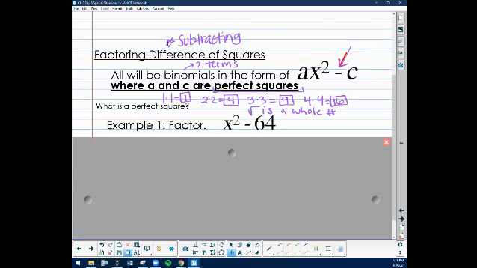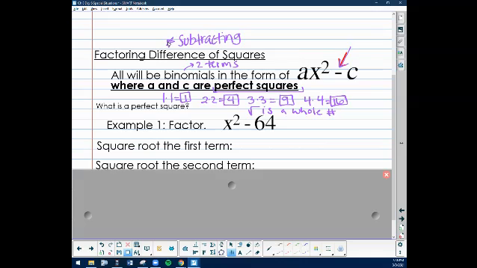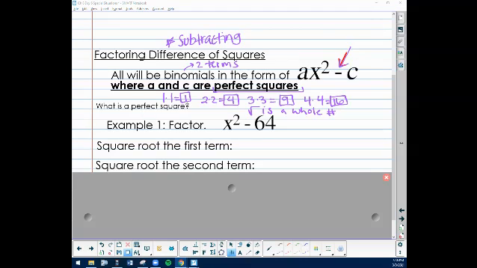So this is what Delta Math is going to tell you. It's all the information it's going to give you. It's going to say square root the first term.